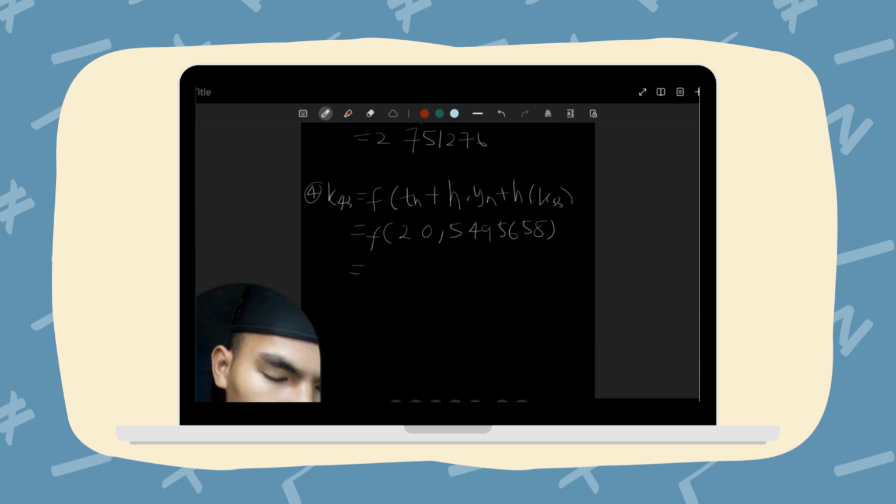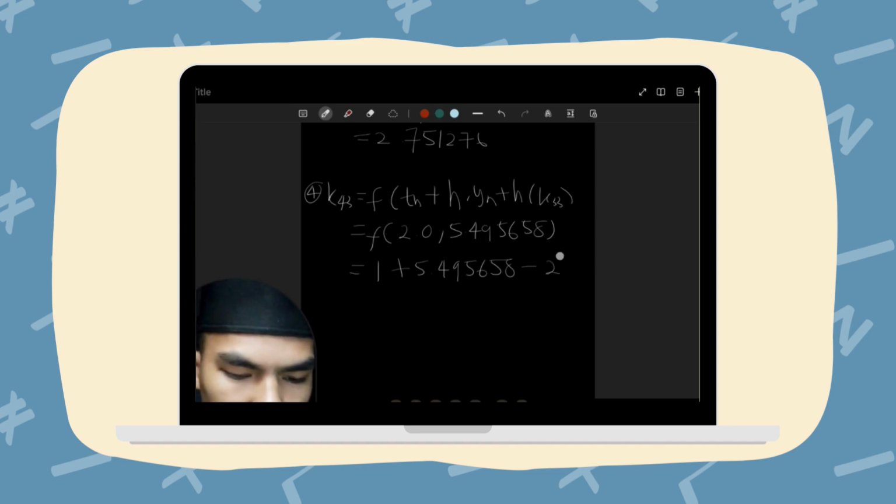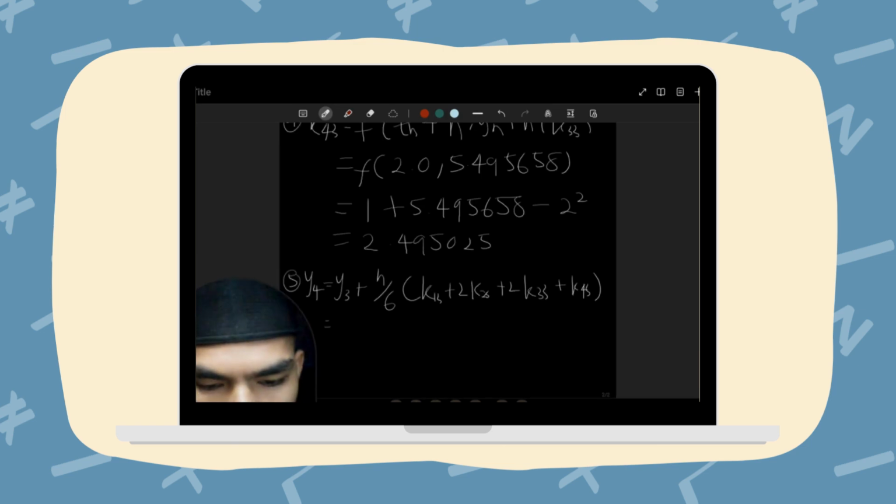Now we put it into the equation 1 plus 5.495658 minus 2 squared. Now the total here is 2.495658.